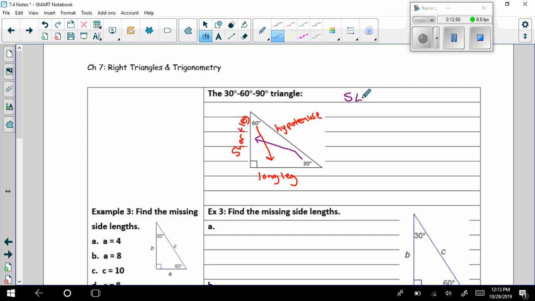So the ratio of short leg to long leg to hypotenuse for a 30, 60, 90 triangle, okay, this is only for this type of triangle, is 1 to square root of 3 to 2.